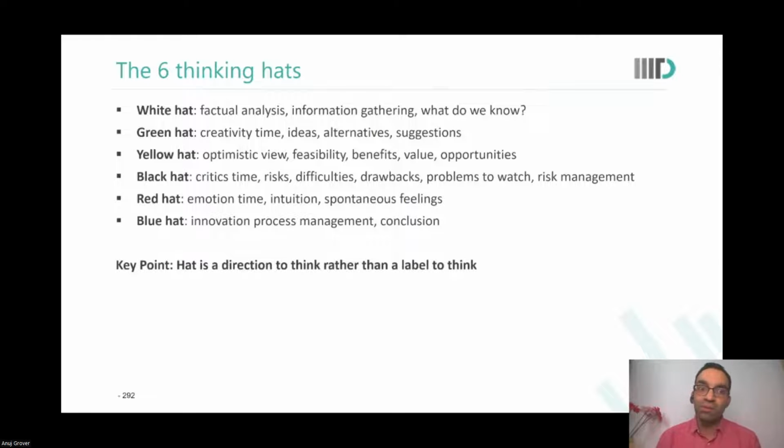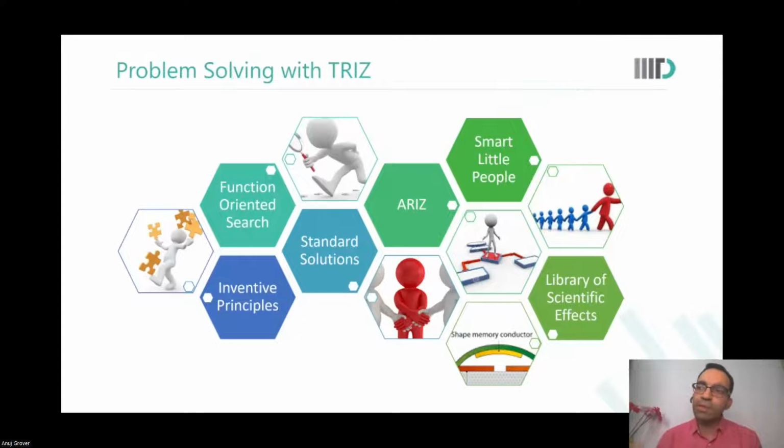Yellow is sunshine, optimistic view. Black is dark. What is the dark side of it? Red is emotions, heart, and blue is now execution. Just make it flow like water. So ensure that you separate these things out when you are in the creativity process or the innovation process.